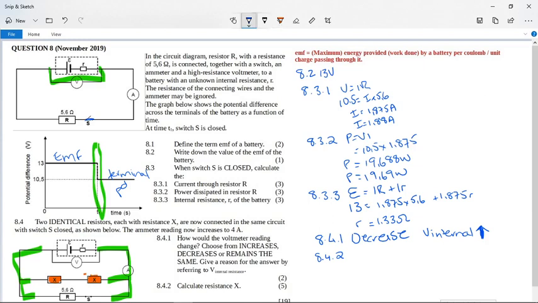So the total resistance for those two resistors is going to be 2x, because if resistors are in series, we add them together. So I then have 2x in parallel with R, okay? So we take these two resistors, pretend they're one resistor with a resistance of 2x, and then that is going to be with little r.